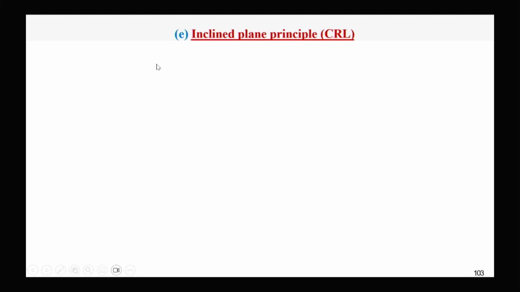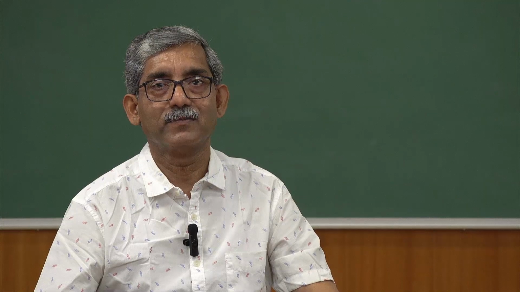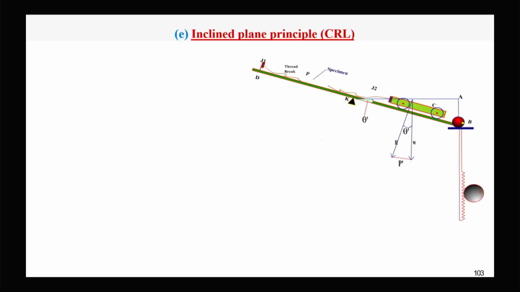And the next process is the inclined plane principle. Here one heavy carriage is there, which is connected with the fixed jaw through the specimen, and K is the fulcrum point.